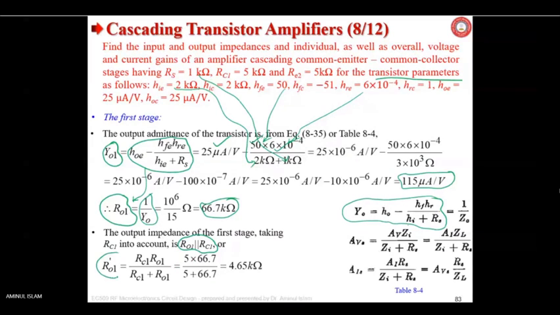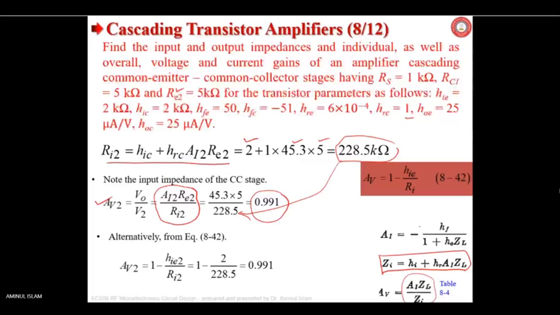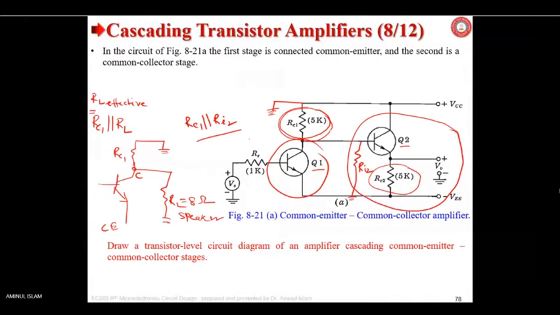So RO1 prime is going to be 4.65 kilo ohm. This is the part. If I bifurcate this one, then it has a resistance called RO1 inside the BJT, and it is connected in parallel with RC1.